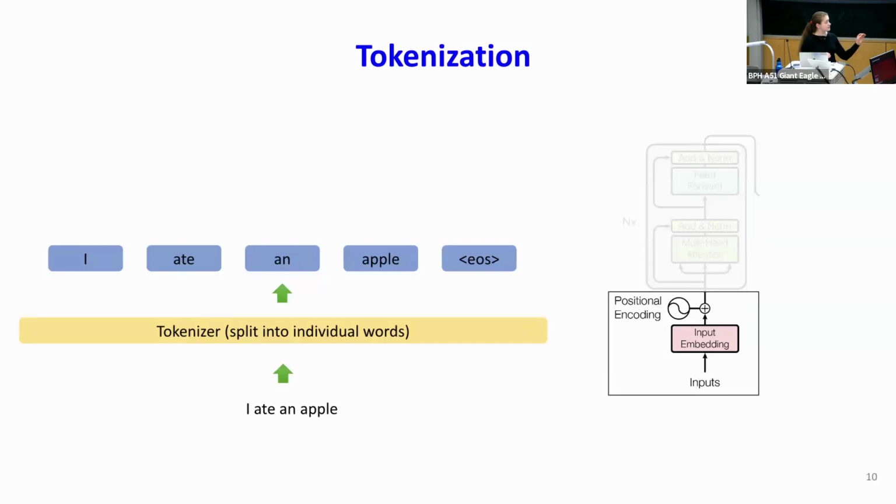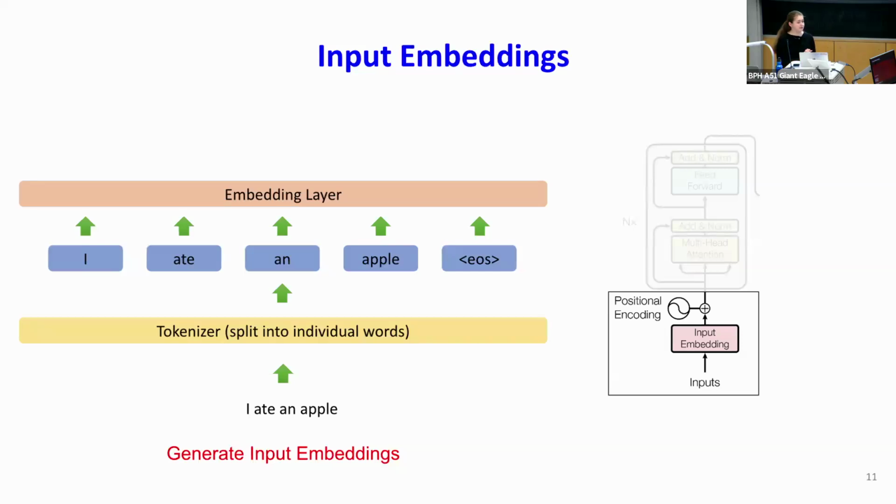Once we have this, we want to do a second step using an embedding layer, trying to create an embedding of these words so that similar words are closer to each other. For example, apple and pear will be closer compared to apple and house.